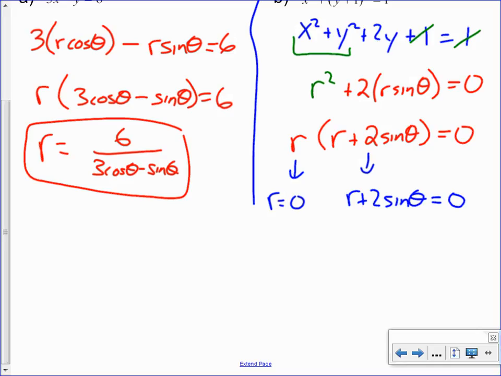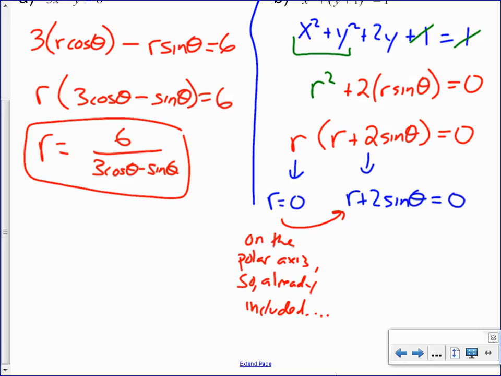But r is equal to 0 is on the polar axis, so it's already included in the second formula.